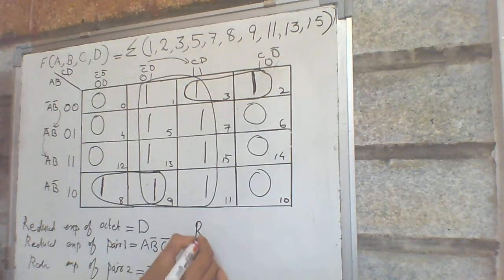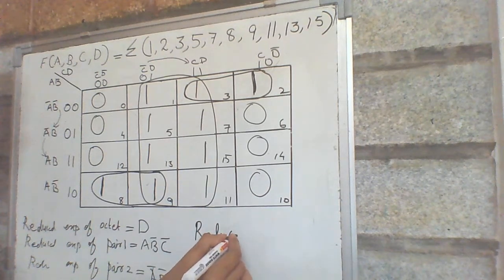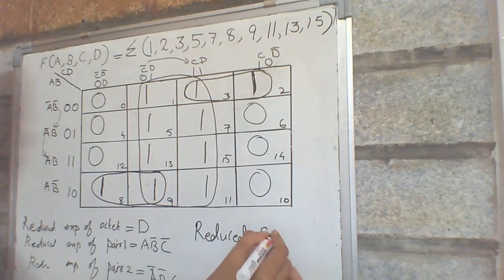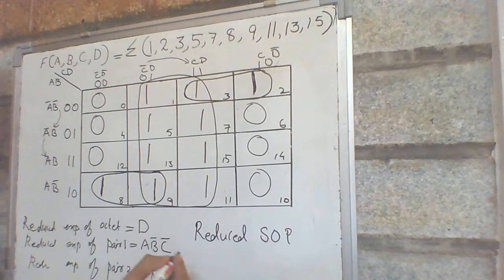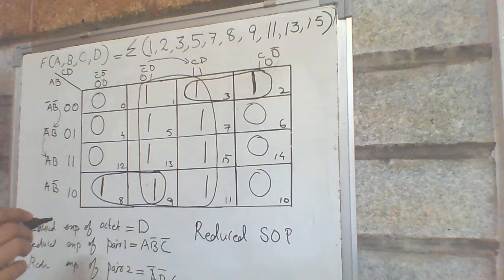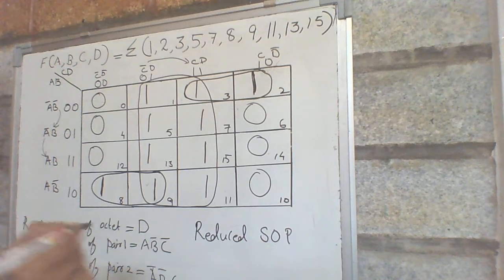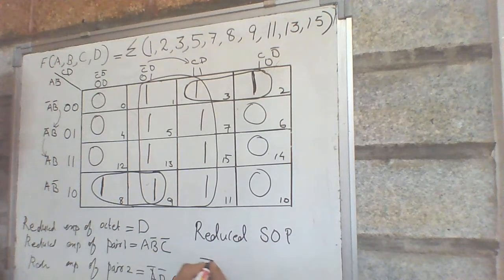So how to find out the reduced SOP? Our question, what is the aim? We need to find out the reduced sum of product form. What is the full form of SOP? SOP is sum of product. Sum of product means sum of min terms.